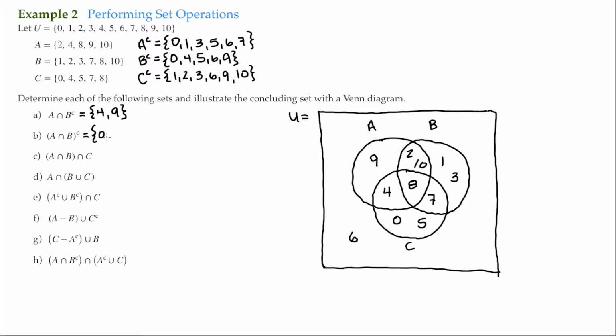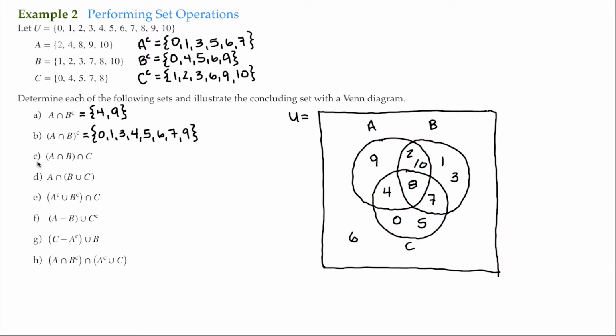So that's going to be 0, 1, 3, 4, 5, 6, 7, and 9. To represent the Venn diagram, and that's the Venn diagram that represents A intersects B all over complement.